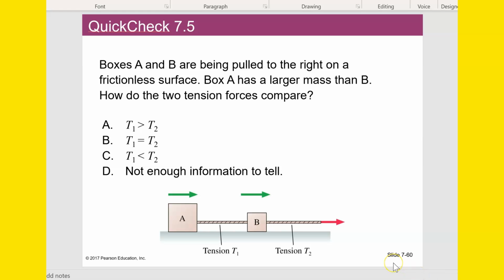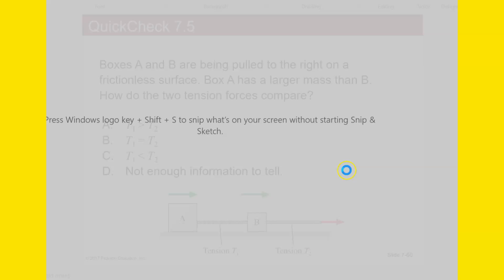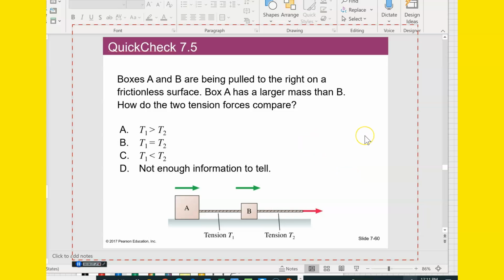Let's think about it like this. This string is only pulling that, right?